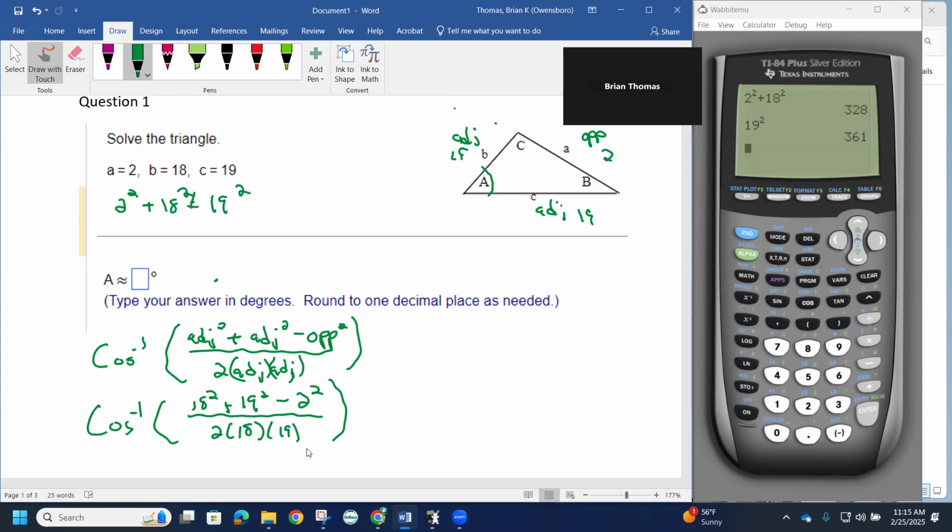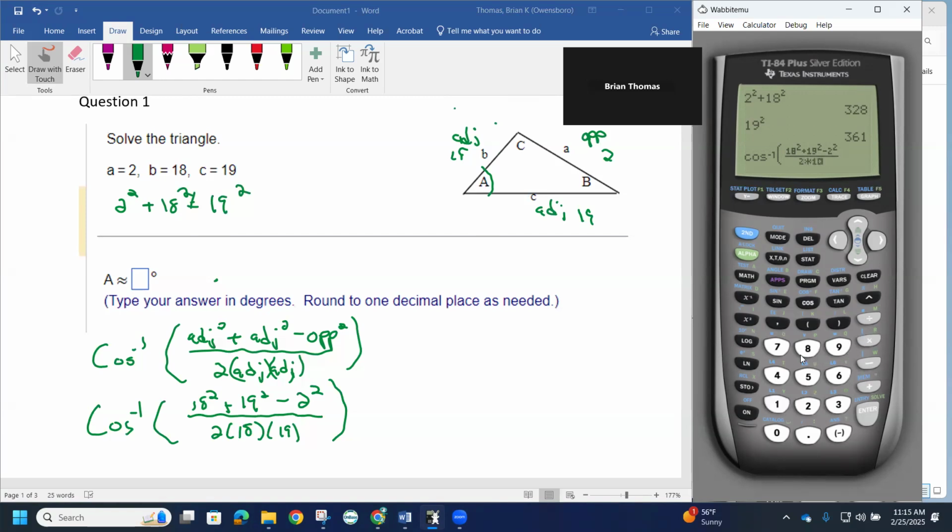So what we're going to do is just put this all in the calculator in one shot. So the inverse cosine, and then to make a fraction, the F1 key up here is useful. And then I could put the numerator in. And then move down, put the denominator in. And you don't have to use parentheses here.